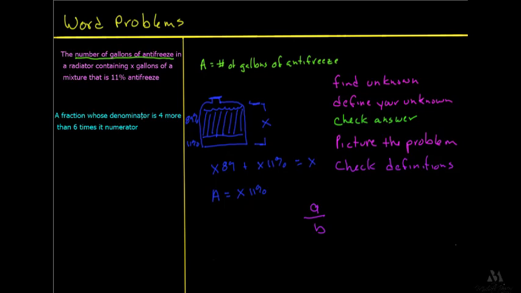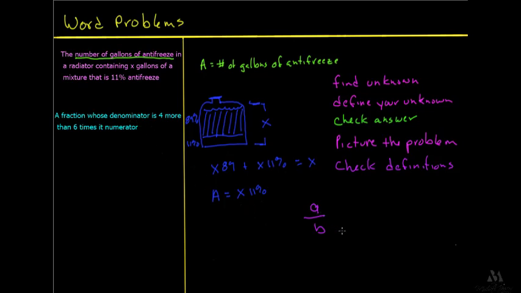We know the denominator is 4 more than 6 times its numerator.